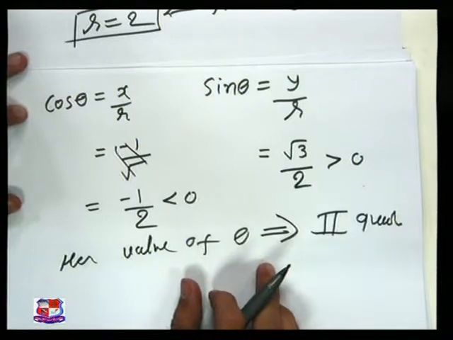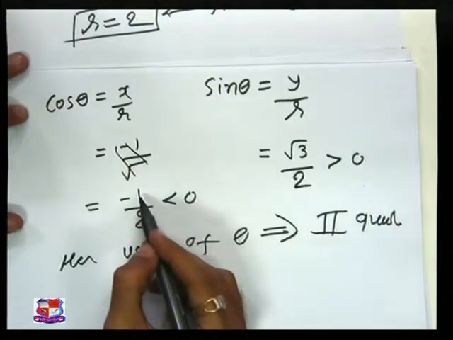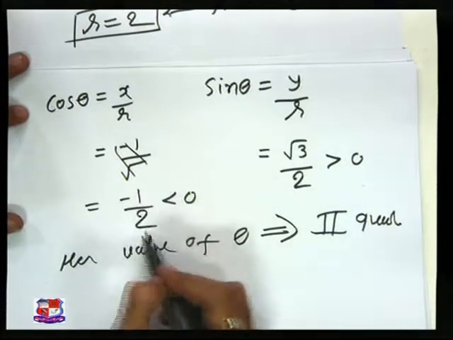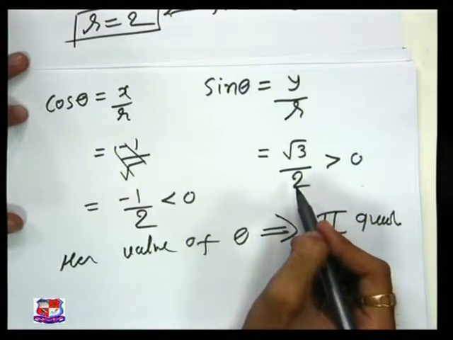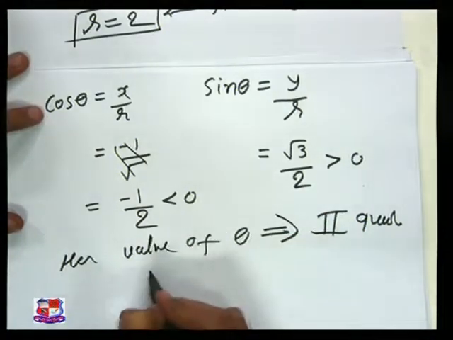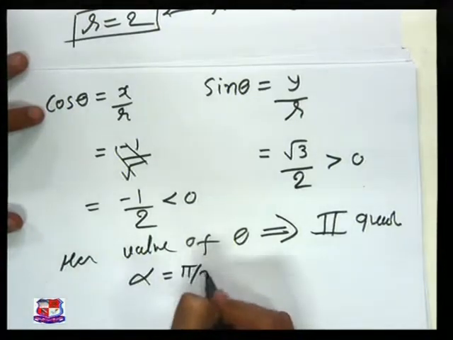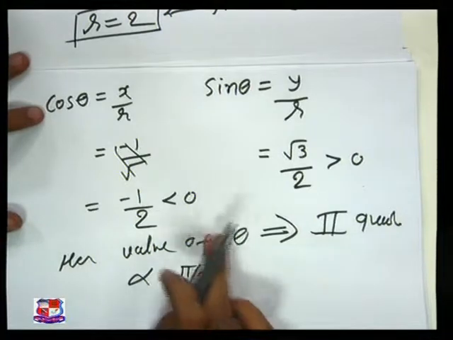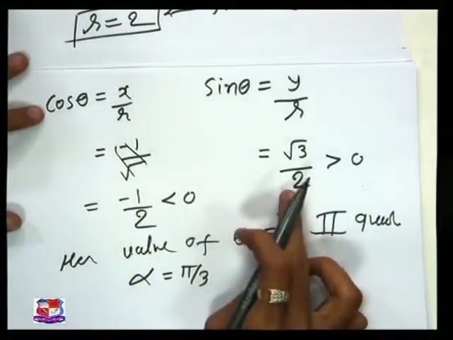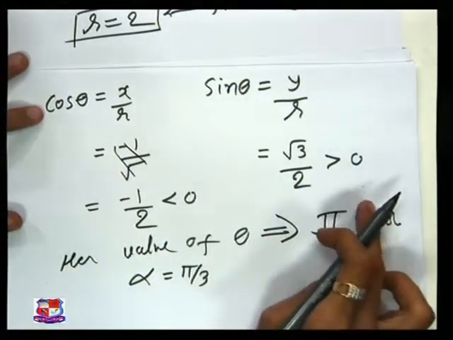So in the second quadrant, cos theta is equal to 1 by 2 in magnitude and sin theta is root 3 by 2. We take alpha is equal to pi by 3, because cos pi by 3 is equal to 1 by 2 and sin pi by 3 is equal to root 3 by 2.